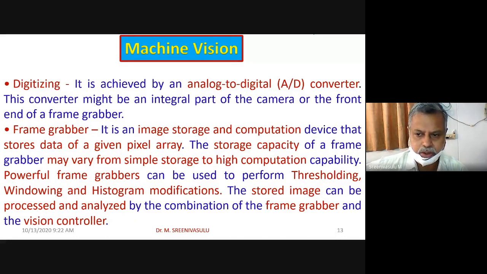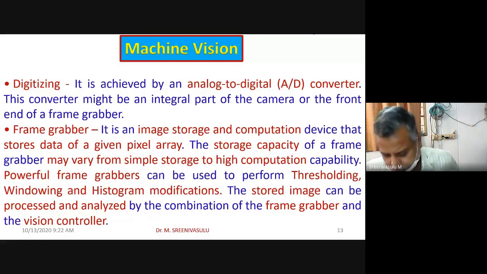Anyway, at the front end there is the frame grabber. What is this frame grabber? It is an image storage and computation device that stores the data of a given pixel array. So your frame grabber stores the data in the digital form.